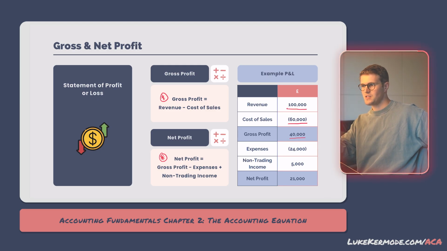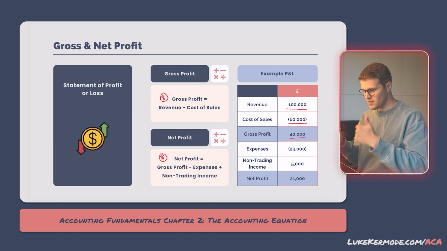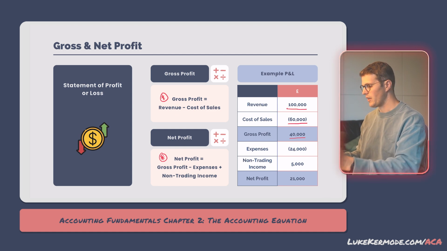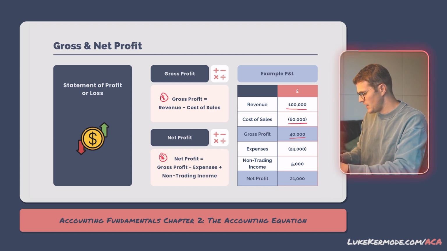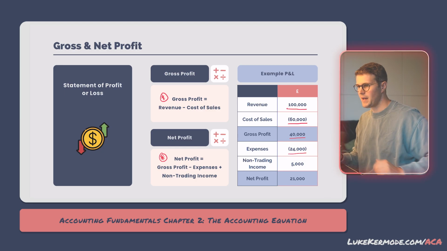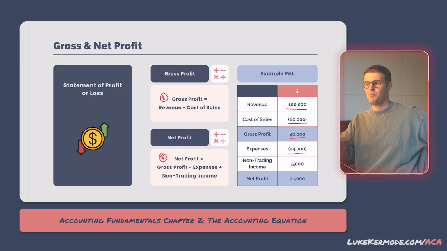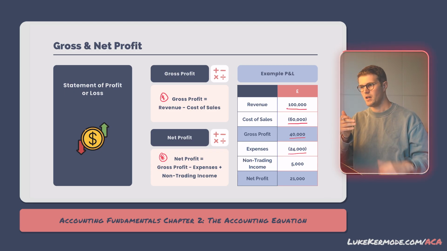Next, we need to deduct the expenses. These are things like rent, wages, insurance, and all other operating costs. These costs altogether come to £24,000. But before we calculate net profit, we also need to factor in any other non-trading income the business has earned during the accounting period. This includes things like interest received, rental income, investment income, essentially any income that doesn't come from the core trading activities.